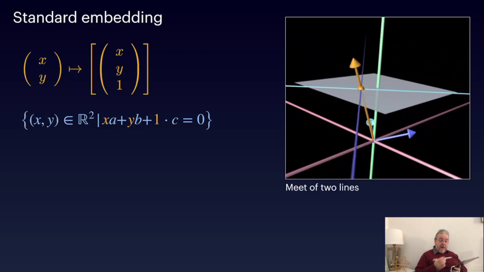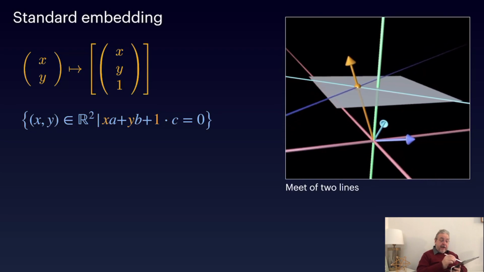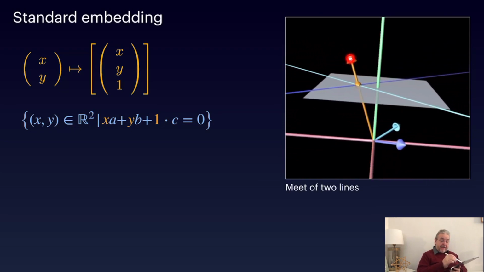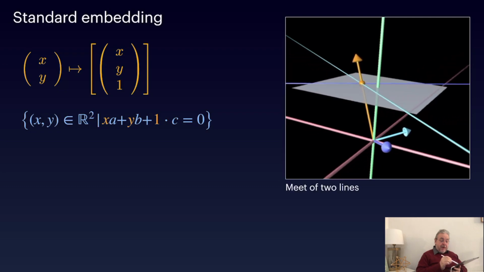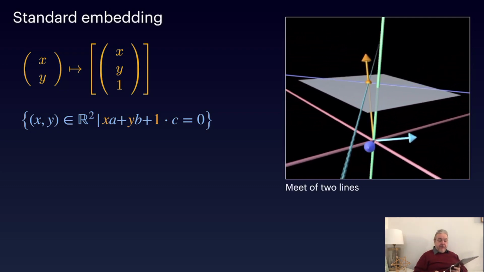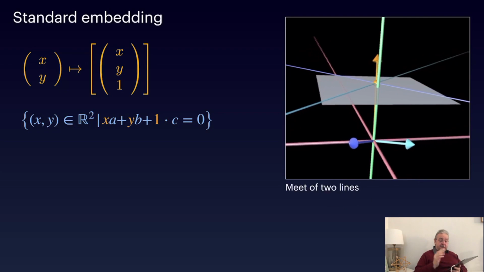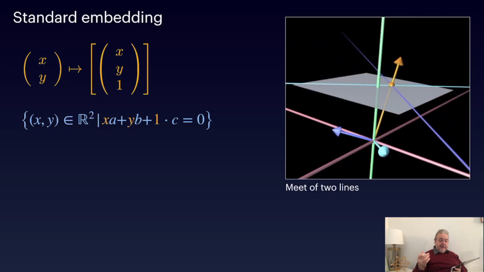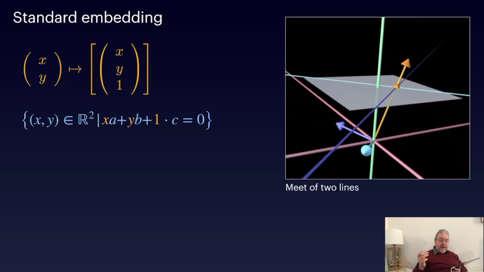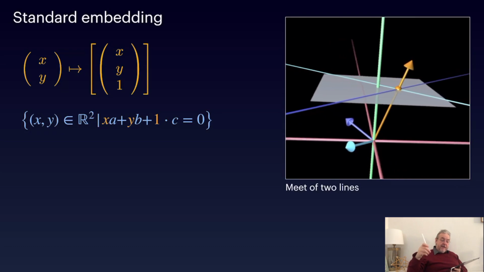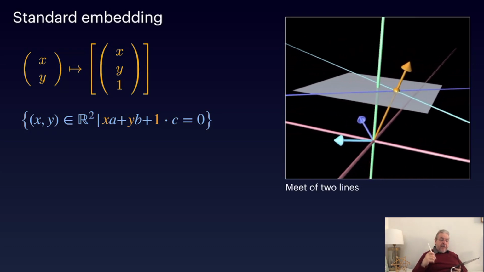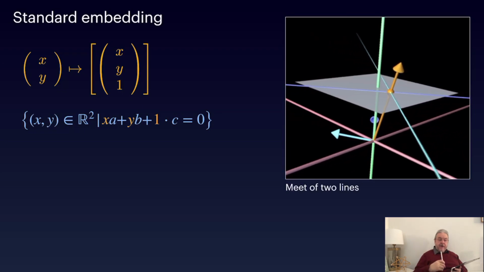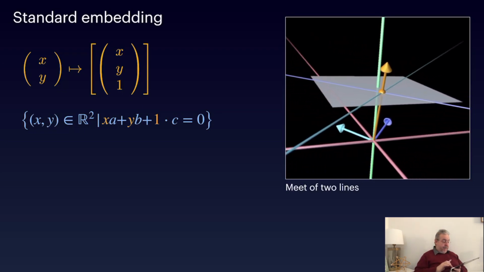And if a point is on both lines at the same time, it must be normal to both of those vectors. So the meet of the lines is essentially the same kind of calculation. This time you're looking for an orange vector being perpendicular to both vectors simultaneously.